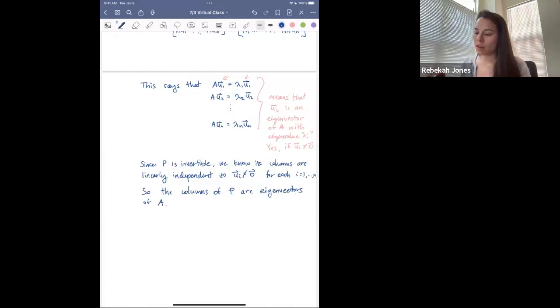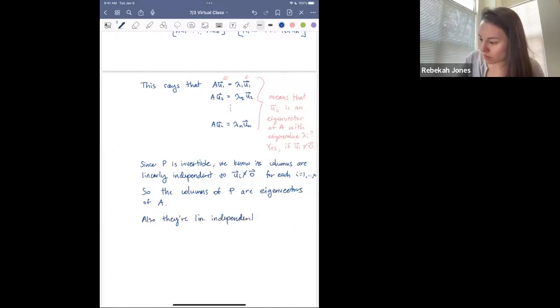Also, we know that they're linearly independent, and there's n of them, which is what we were trying to show.